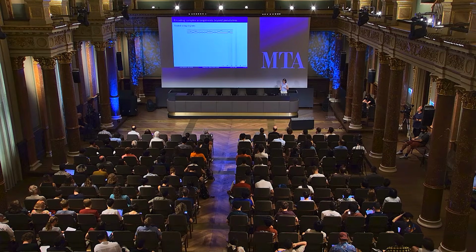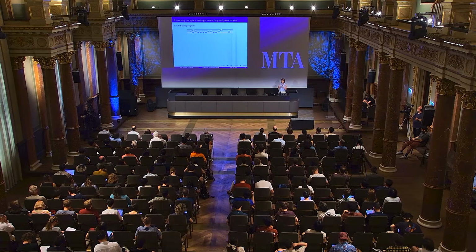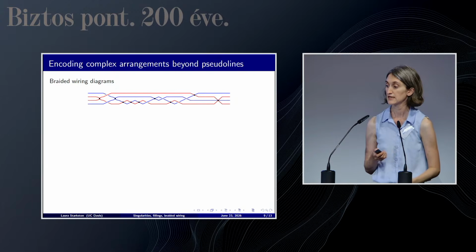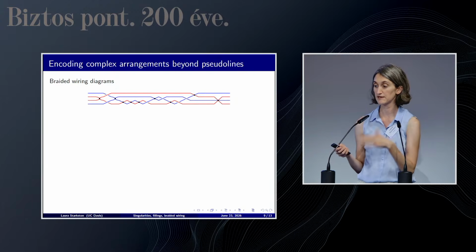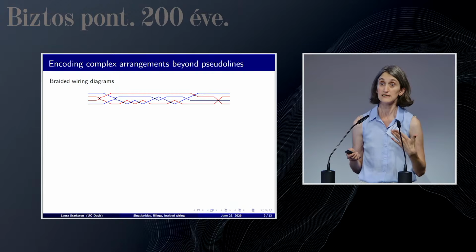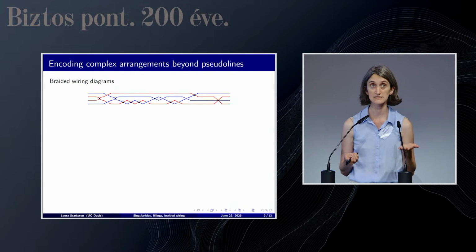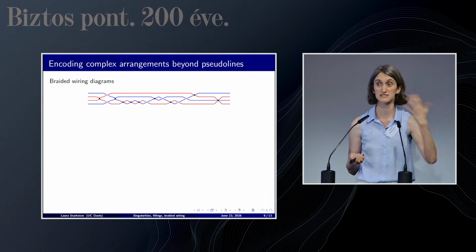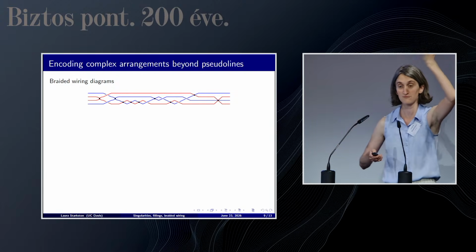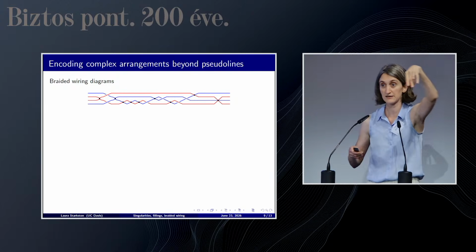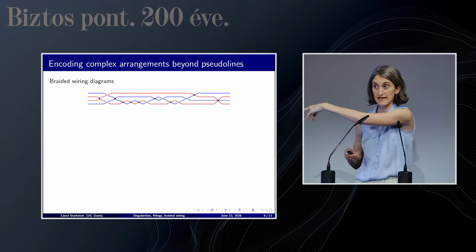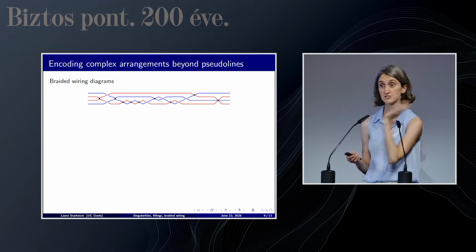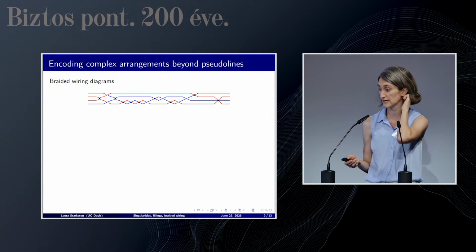So we've got crossings, and marked points, which represent the singularities. The braided wiring diagram is literally a three-dimensional slice of our four-dimensional space, which contains our surface. We take our four-ball, we find a three-dimensional slice, and our braid lives inside there as the intersection of our surface with this slice.